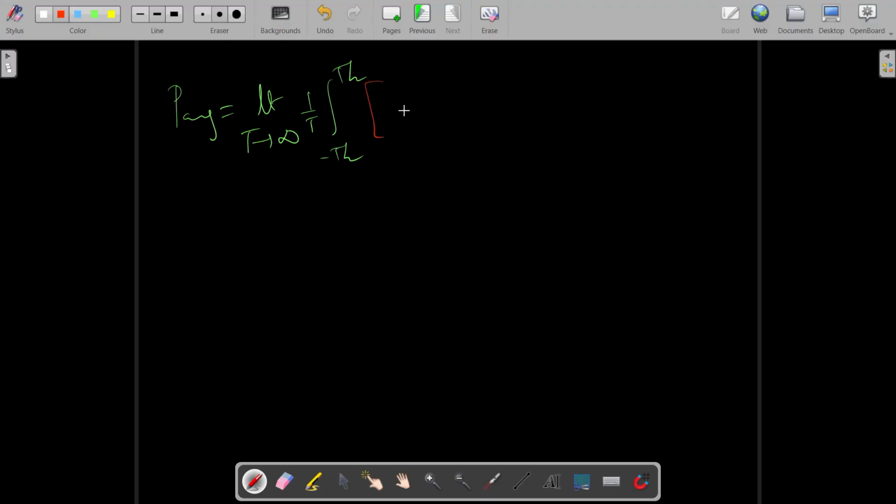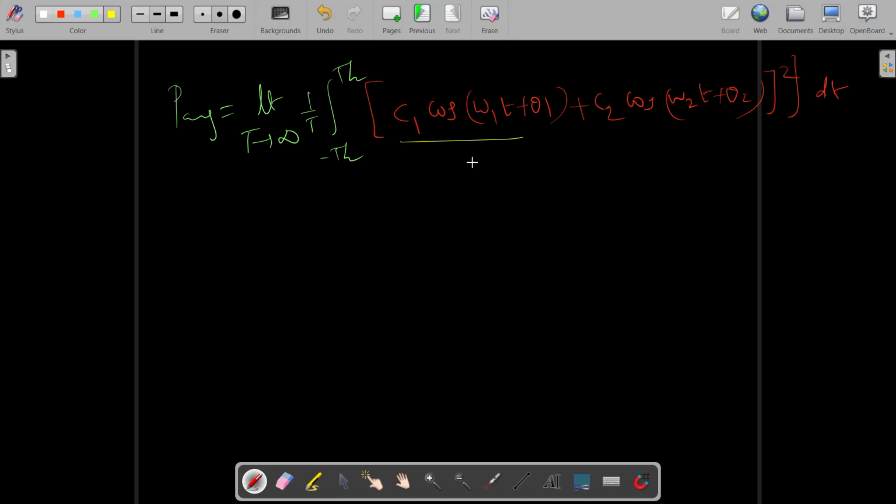So we have to substitute for x: c1 cos omega 1 t plus theta 1 plus c2 cos omega 2 t plus theta 2, this should be whole square, over dt. This is looking like a plus b whole square, where this is a and this is b. For now we'll keep this integration aside and work with this a plus b whole square.